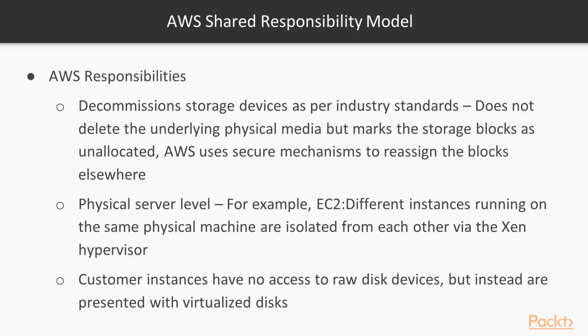AWS uses secure mechanisms to reassign the blocks elsewhere. Then we have physical server level. For example, with EC2, different instances running on the same physical machine are isolated from each other via the Xen hypervisor. Customer instances have no access to raw disk devices, but instead are presented with virtualized disks.